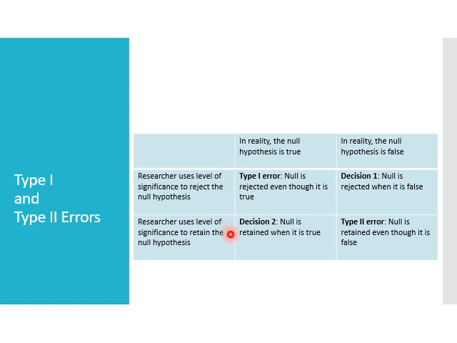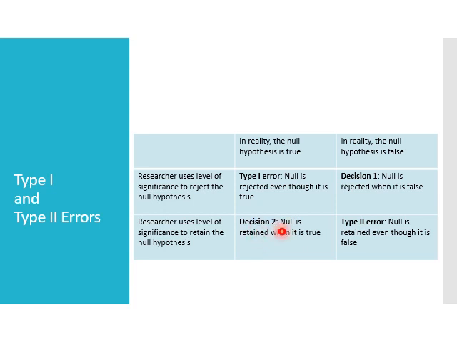What about decision number 2? When the hypothesis is not supported, the null must be retained. So that is the correct decision, and that will be decision 2.